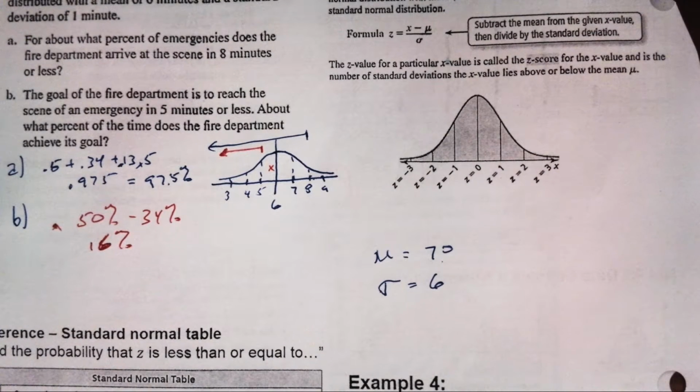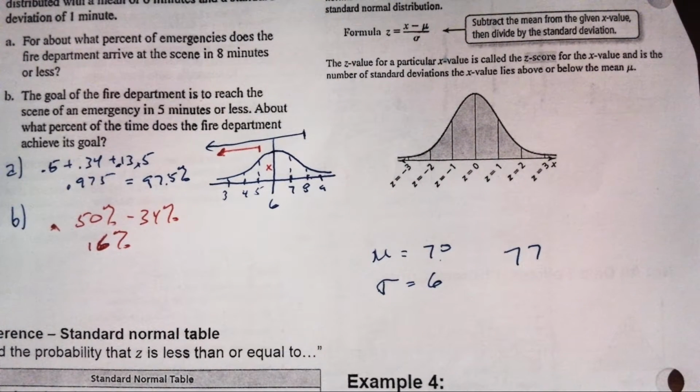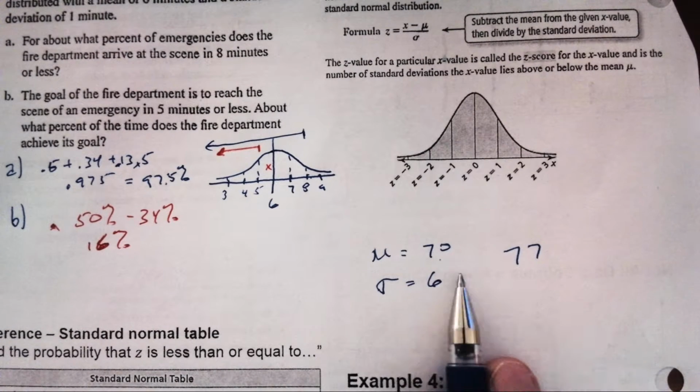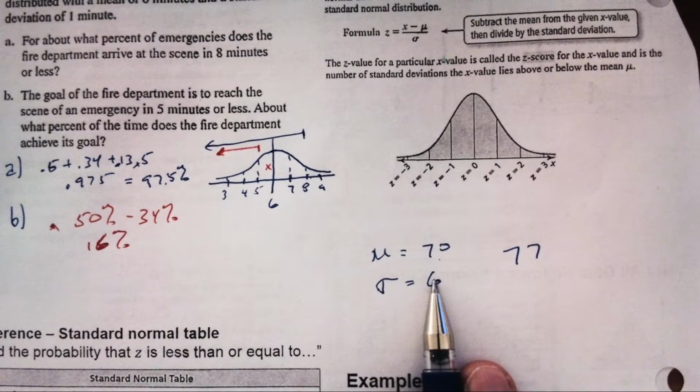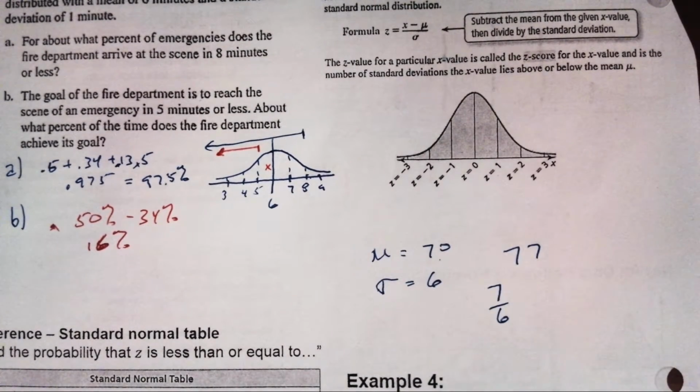But what if we had 77? How many standard deviations is that away? Well, it's more than 1. It's 7 units away, and 6 units is a standard deviation, so it stands to reason that we're 7/6 standard deviations away.